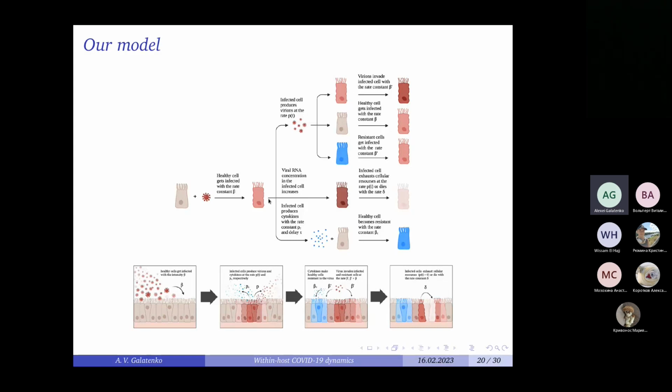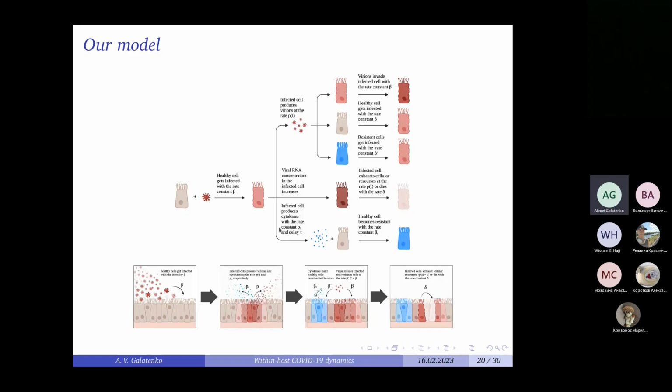And in the process of producing viruses, the infected cell exhausts its resources and either becomes exhausted or even dies.